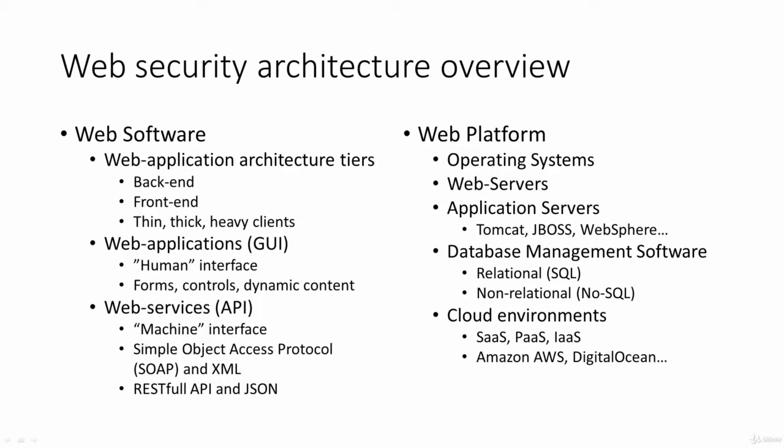And there is the other way to connect with the outside world for the web application. It's application programming interface. Yeah, so API. It's more of a machine interface. So in this case, the front end is normally called a web service, and it assumes that some other application will be connecting to the API.